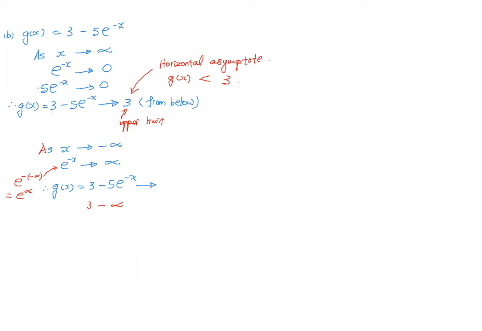Cindy? When you owe someone, it's a negative, okay? You definitely get a negative value. So 3 minus infinity, what is the result? Negative infinity. Yes, you are right.